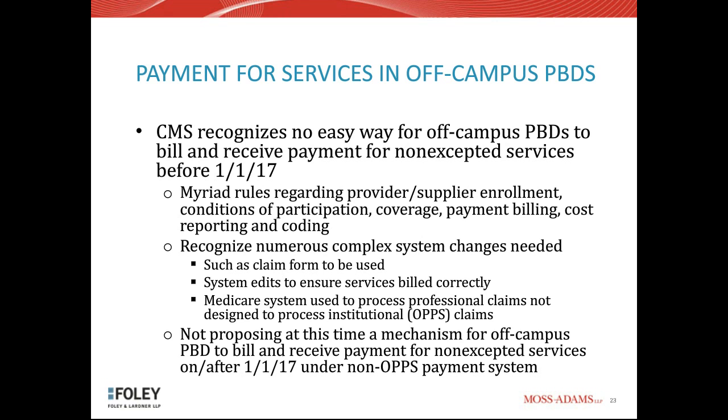They recognize that there's a lot of interplay between the enrollment rules, the coverage rules, billing, cost reporting. They are aware that their own technology won't really be acceptable for processing claims from hospitals on the UB without and still be billed under a system other than the OPPS. So starting as of January 1, 2017, when Congress said this new system has to kick in, they don't have a new operational solution.